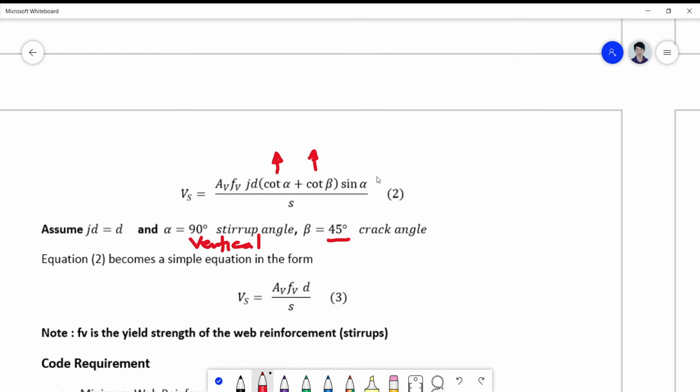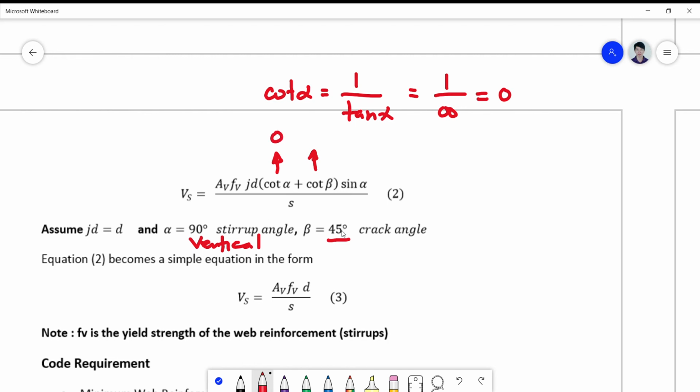Therefore, the tangent of 90 degrees is actually infinity. Okay, so cotangent of alpha is 1 over tangent of alpha. So this is now 1 over infinity, which is equal to 0.